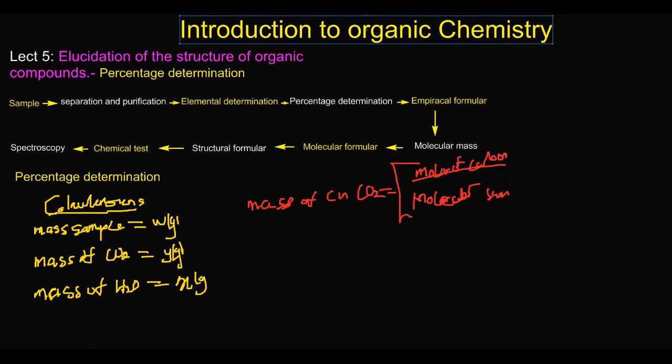You need to find the molecular mass of the CO2. Have you gotten that? And then you multiply it times the mass of carbon dioxide produced in the tube, times the mass of CO2. So this is what we do. Very, very simple mathematics.